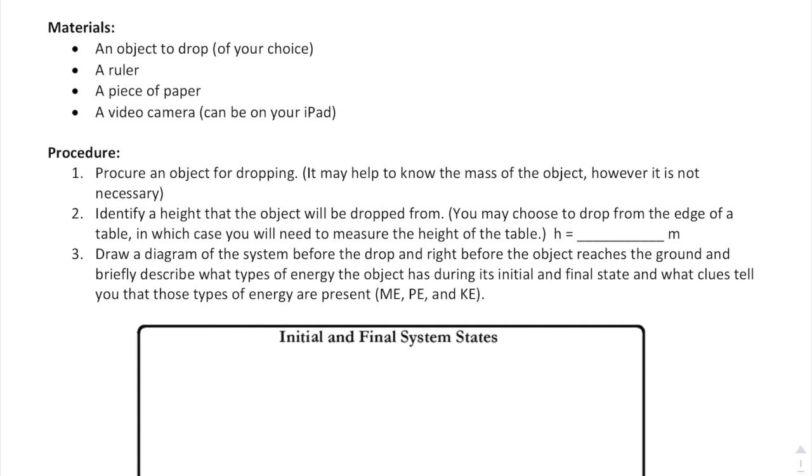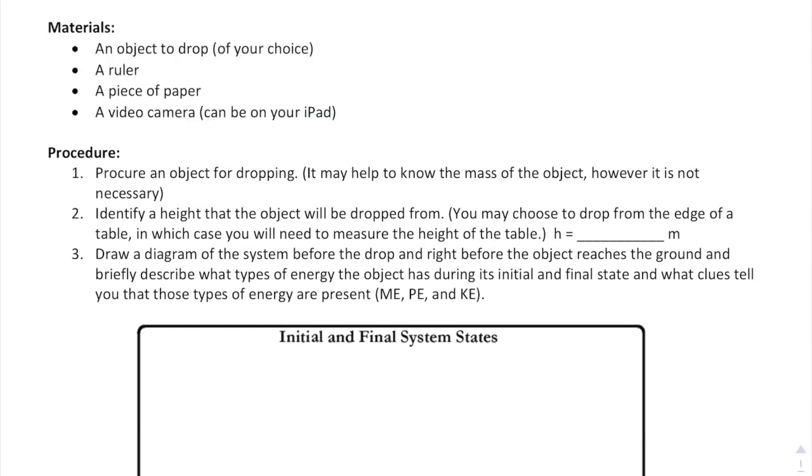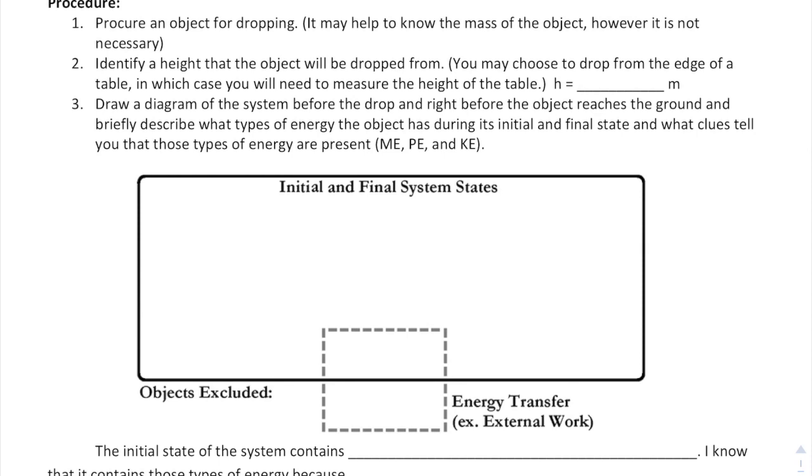In this case, because I took a video for you, you do not need the object to drop. You aren't going to need a ruler or a piece of paper or the video camera. However, when you are completing the lab next week, you are going to need all of those things because those are what you need for creating the video.